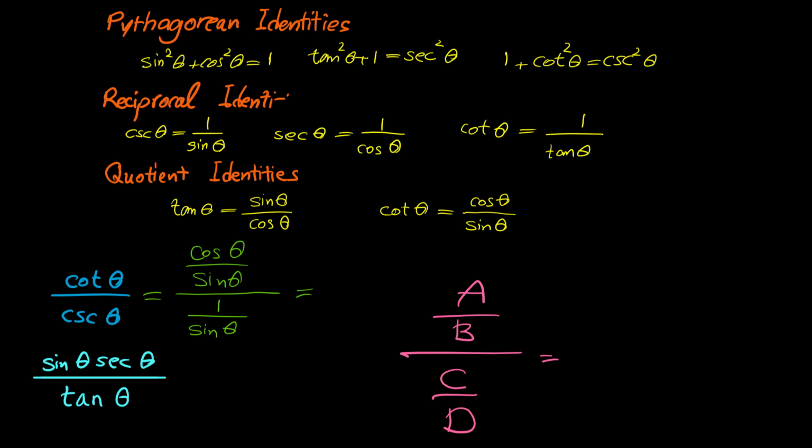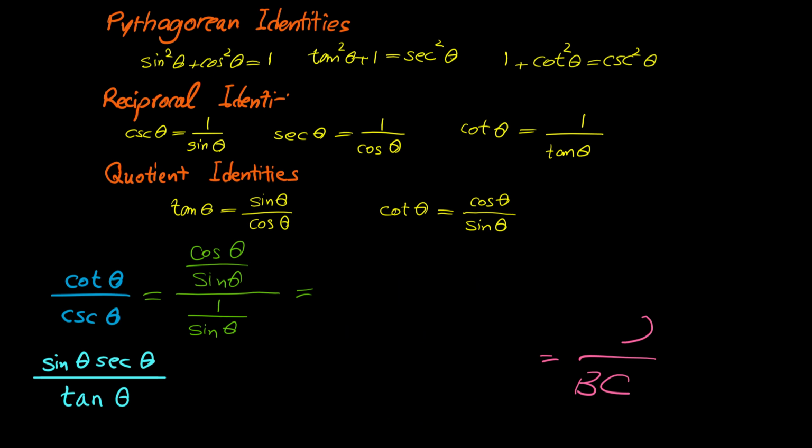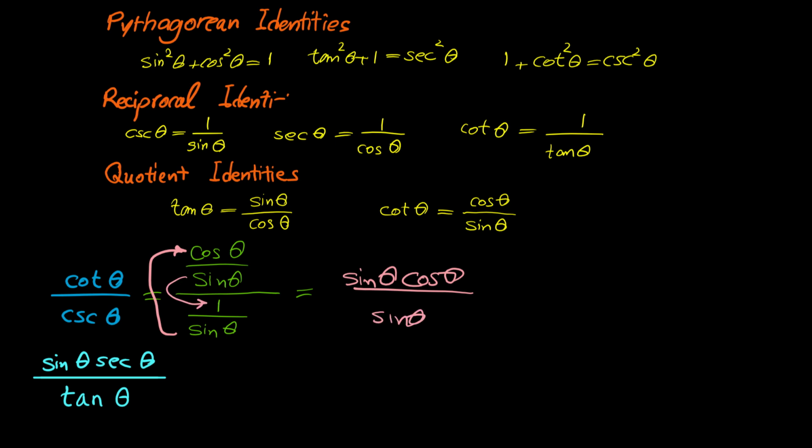The shortcut is this: multiply the outer terms by each other, a times d, all over b times c. This is a shortcut for simplifying this fraction. If we use this method, the sine goes up and it multiplies by cosine, so we have sine times cosine over sine times 1. The sine with sine cancels and the answer is again cosine.